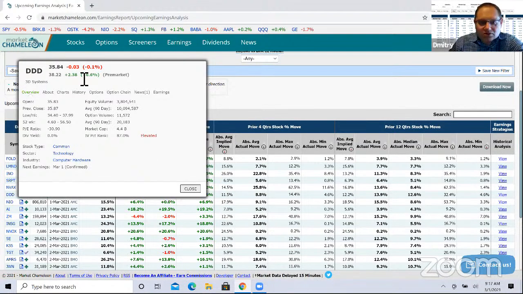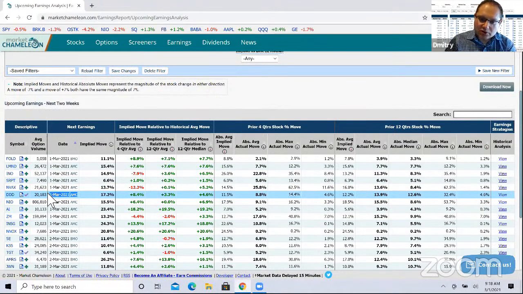That was a long time ago that a lot of these 3D printers were way up. Sometimes technologies take a while for people to adapt into the economy, so it could be way ahead of its time. But you could see here as low as $4.60 this year, now $38.22.